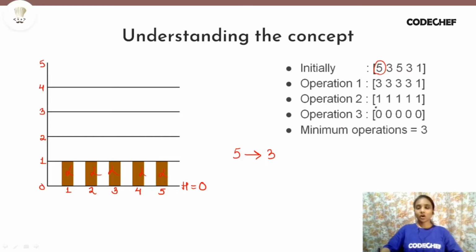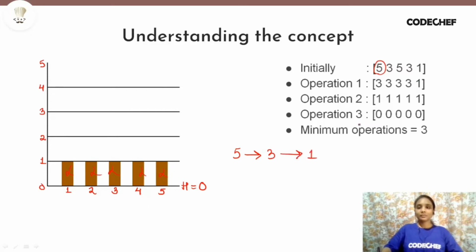Then in the second operation we targeted the second highest height stick, and including the first highest also, which have already been reduced to the second highest. So all in all we targeted the second highest sticks along with the first highest, and we reduced them to the third highest stick, that is 1.